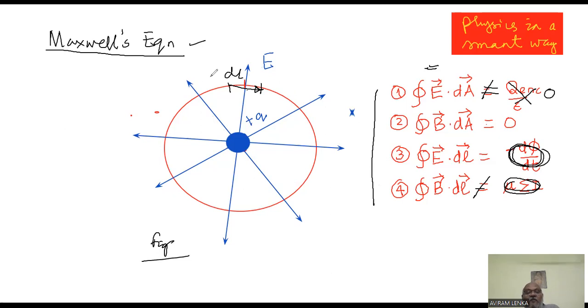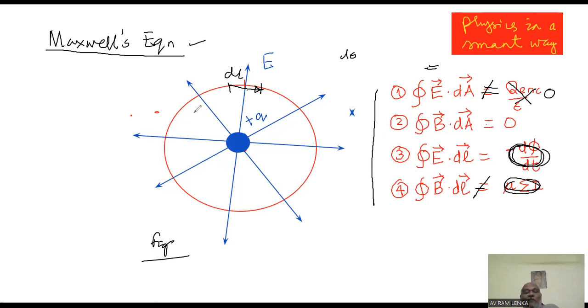We consider a path which is a circular path centered on the charge, and we have considered a particular element dl on the path. Some people may say dl or ds, displacement or whatever it is. They mean similar.